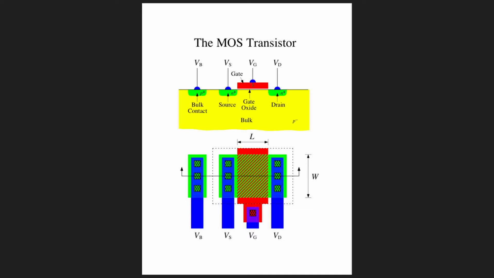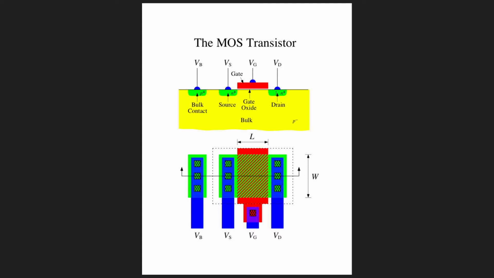But when we start to put charge on the gate electrode, we push the holes away from the surface and create a depletion region and create that little notch, that little low spot in the energy right there at the surface, which is the channel region, through which electrons can flow from source to drain.